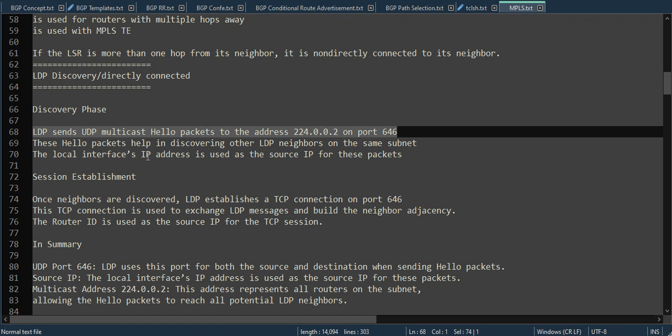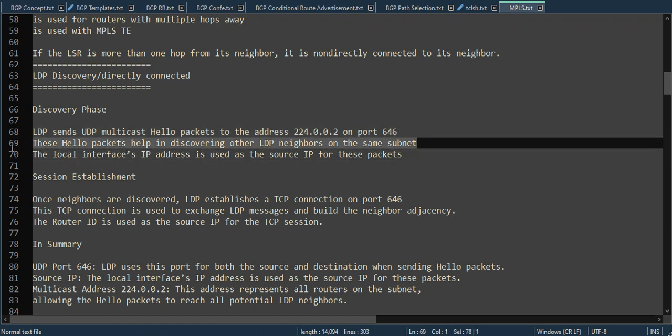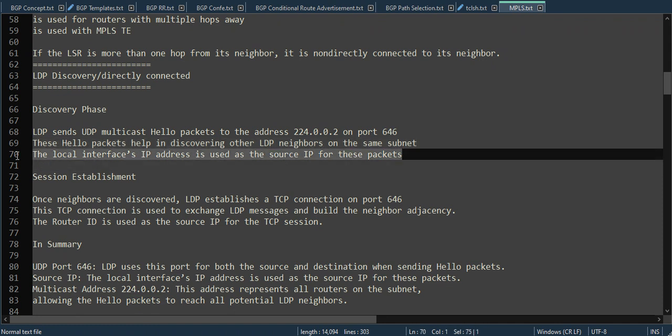This hello packet helps in discovering other LDP neighbors on the same subnet. And the local interface's IP address is used as the source IP of the packet. This is the LDP discovery phase.